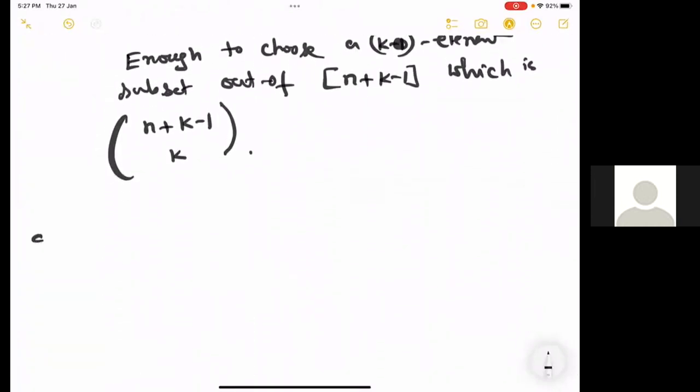So let's take another example. An example of a slightly different taste, again using numbers.